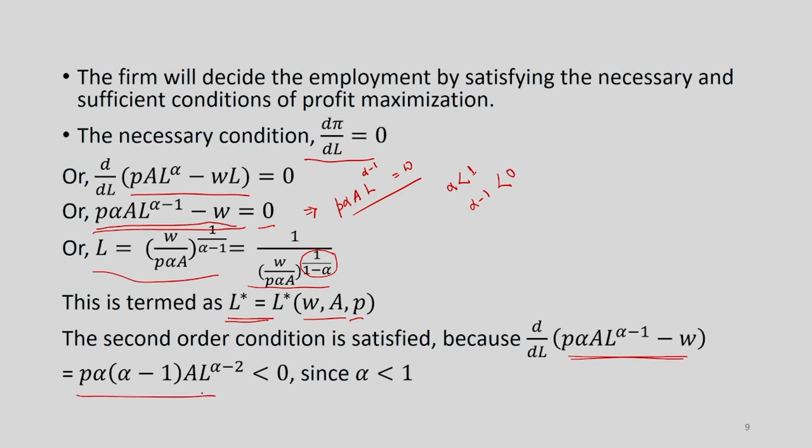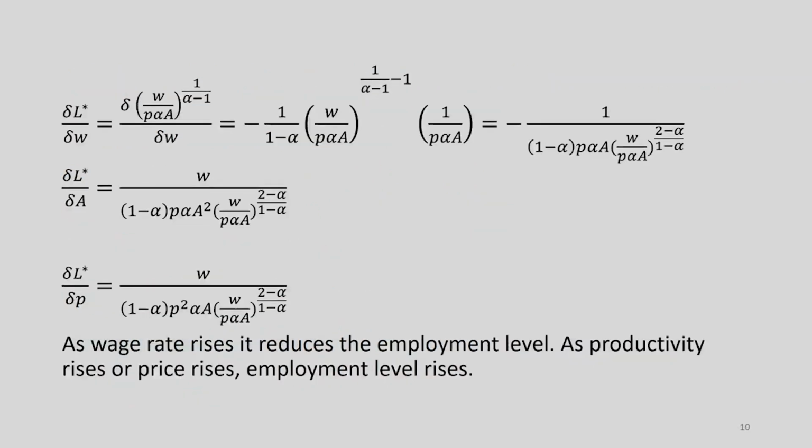The second derivative is turning out to be p alpha (alpha minus 1) A L^(alpha minus 2), and this is less than 0, because alpha minus 1 is negative. And that is the second order condition, that the profit function should be concave, and the profit function here is concave if you have the second derivative to be negative. So, we have found out L star, the optimal labor employment.